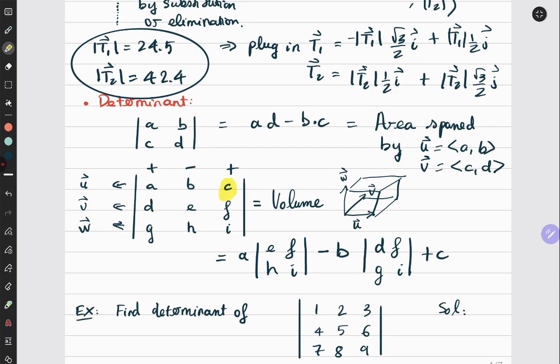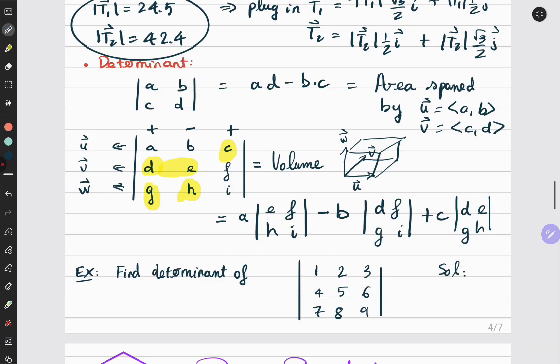With C, there is going to be the determinant of D, E, G, H. So plus C times the determinant of D, E, G, H. Each one like this, these four, you just have to do this times this, minus this times this.